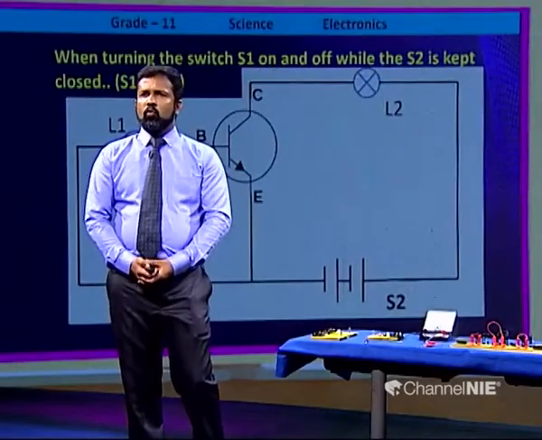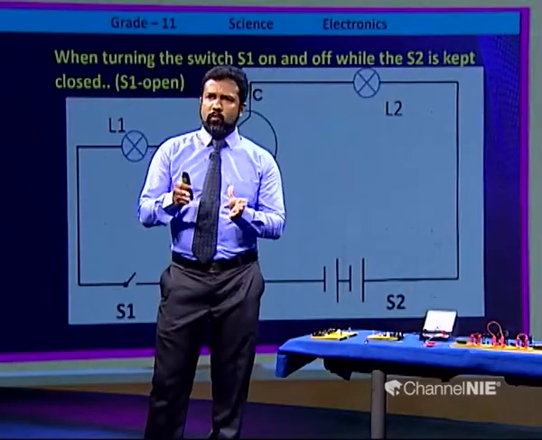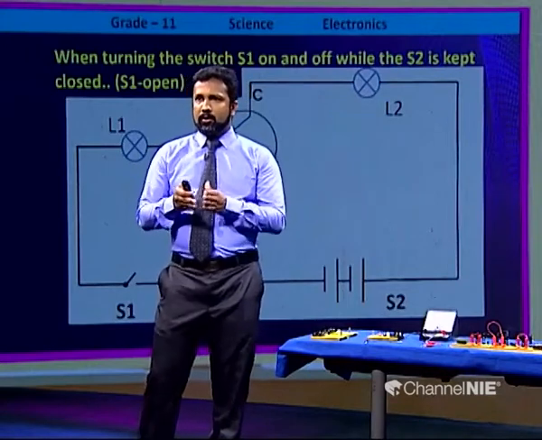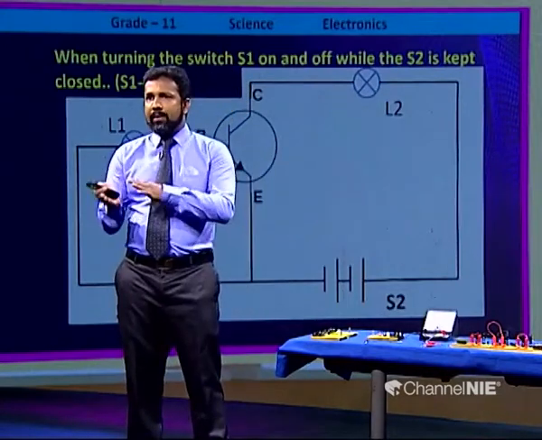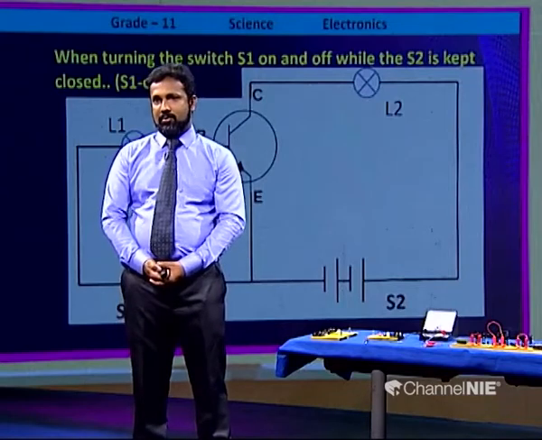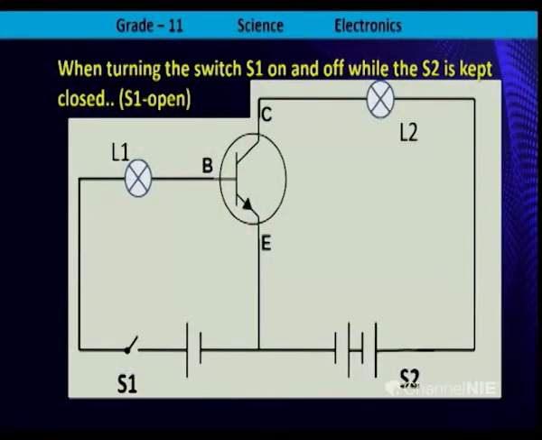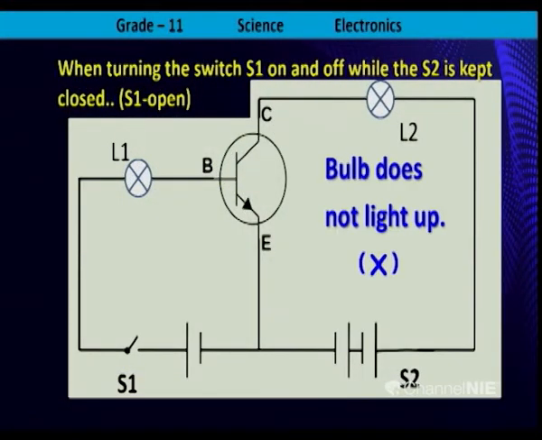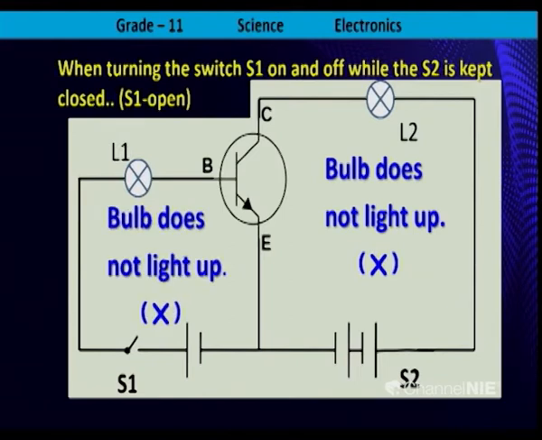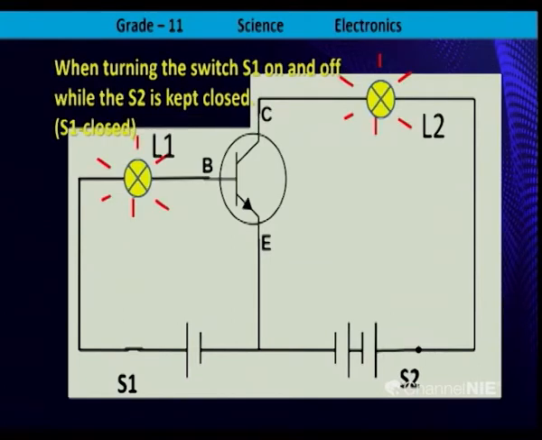Right. When turning the switch S1 on and off while the S2 is kept closed, we are going to do another activity. Right. Then what happens? When keeping the S1 switch off and the S2 switch closed, in that instance also the L2 bulb does not light up, and the L1 bulb also does not light up.